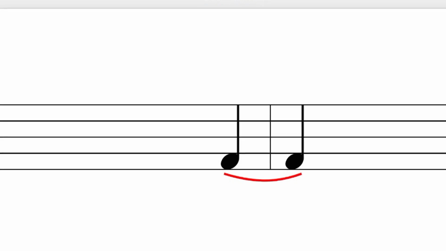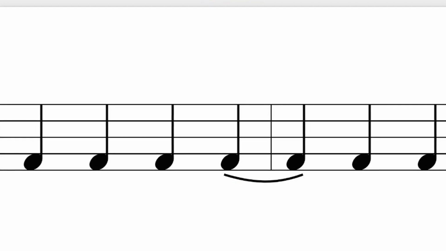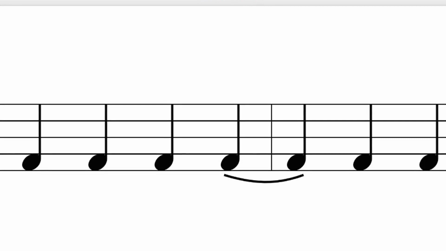Ties bring the connection, and you hold the note slightly longer. See, there you have two quarter notes here, so that would be two counts, and they're used to let the duration of a note travel across barriers, such as the measure line in this example right there.